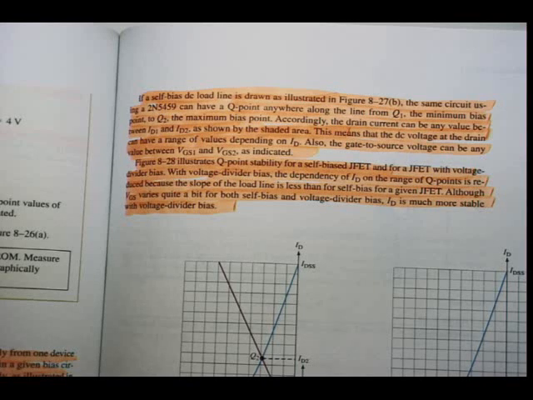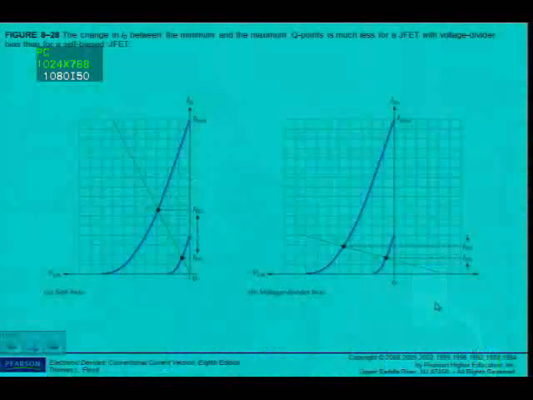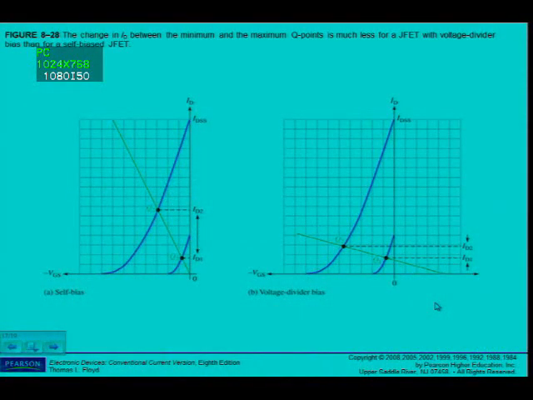Alright, here you can see the comparison between the two. Figure 8.28 illustrates the Q point stability for a self-biased JFET and for a JFET with a voltage divider bias. With voltage divider bias, the dependency of ID on the range of Q points is reduced because of the slope of the load line that is less than for self-bias for a given JFET.